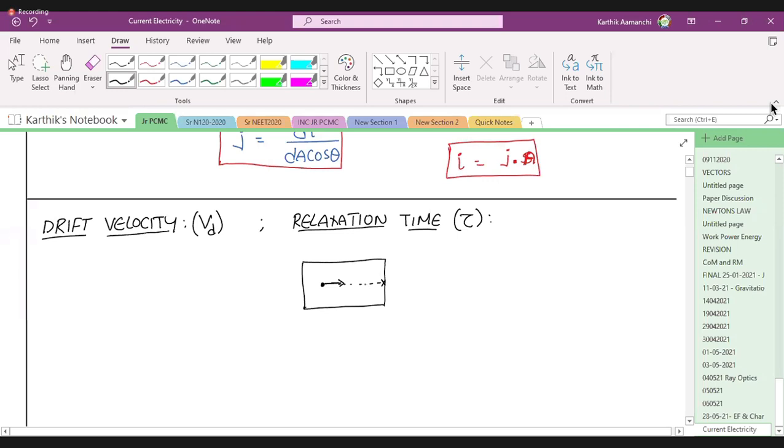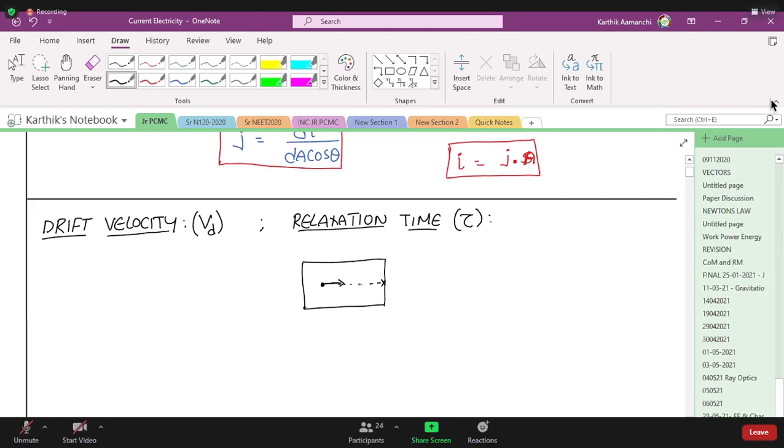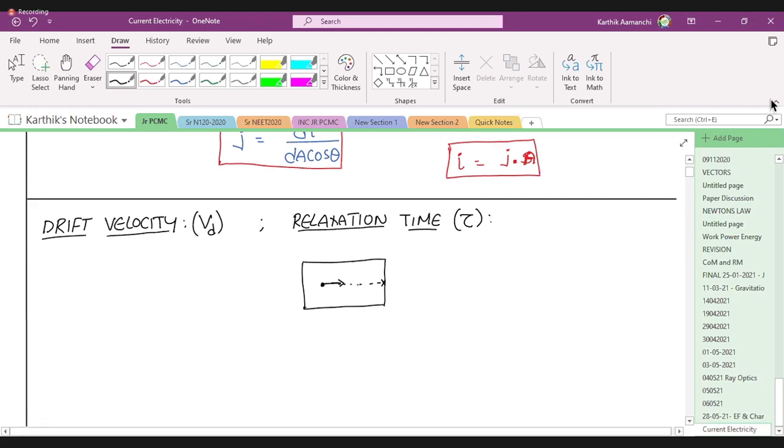Conductors are basically metals, and metals will have lattice structure. It can be simple, body, face, hexagonal, tetragonal. Did you study lattice structures? Yes, sir. So it goes and hits some edge of a lattice structure.